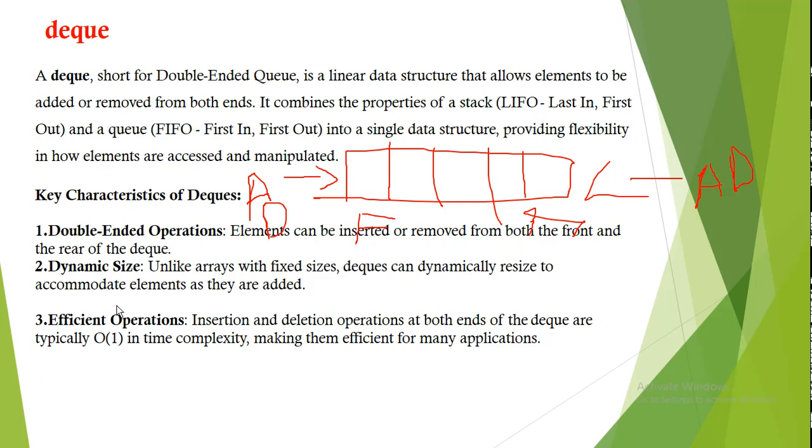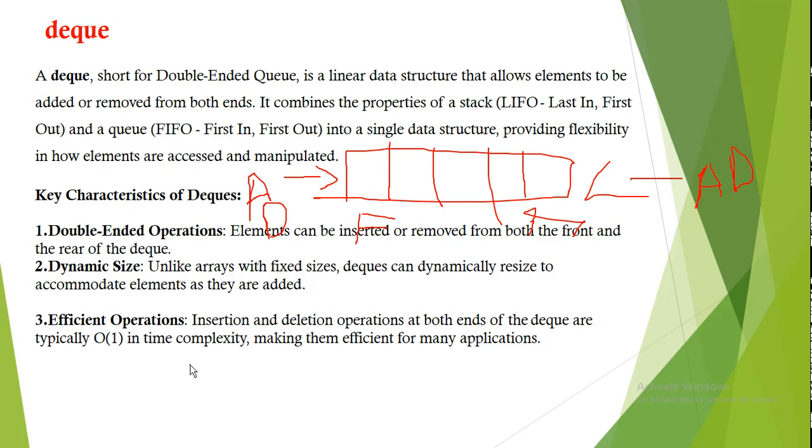And dynamic size: unlike an array, which is a fixed size, a DQ can dynamically resize, so it is resizable. You don't need to worry, because an array is fixed, but here whenever you add the data, it will be added. You can add the data from front and back also.